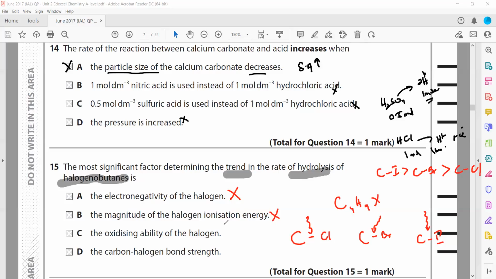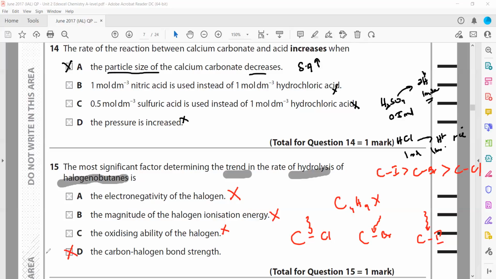The oxidizing ability of halogen, oxidizing ability means tendency to lose electrons. They do not have the tendency to lose electrons, they have the tendency to gain electrons. Then it depends on the carbon-halogen bond strength. If we have a weaker bond strength, the reaction will be faster.